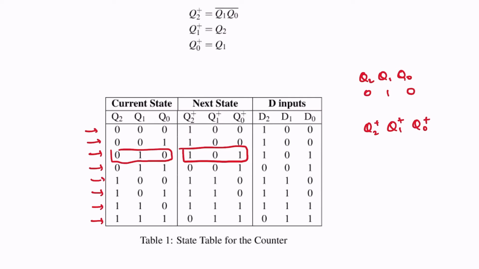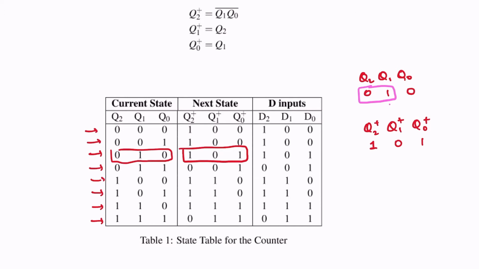So Q2 plus is this and this going through a NAND gate. As you know, the NAND gate output for those inputs is 1, right? And since it's a shift register, this value will just come here as 0, 1.